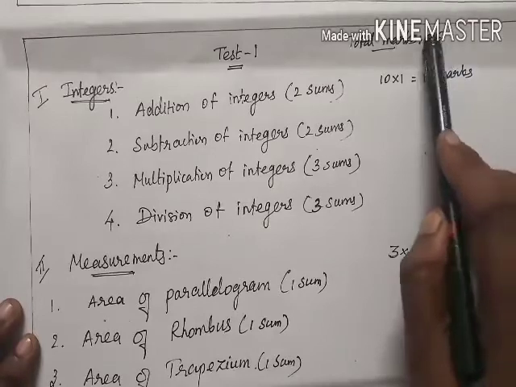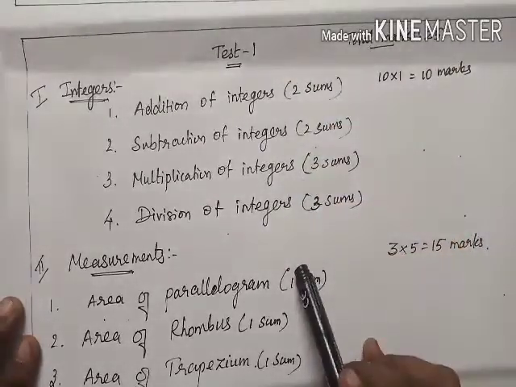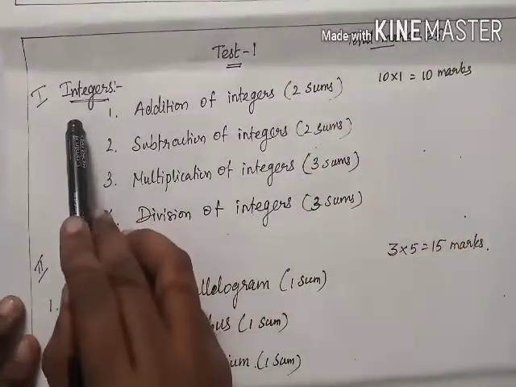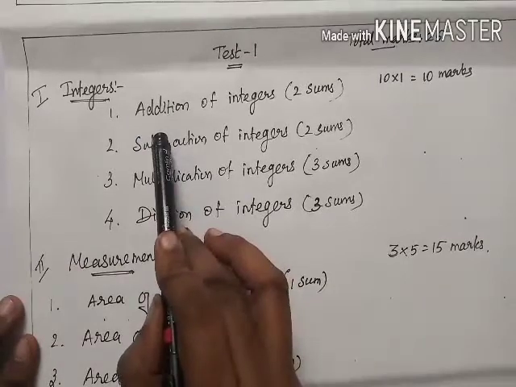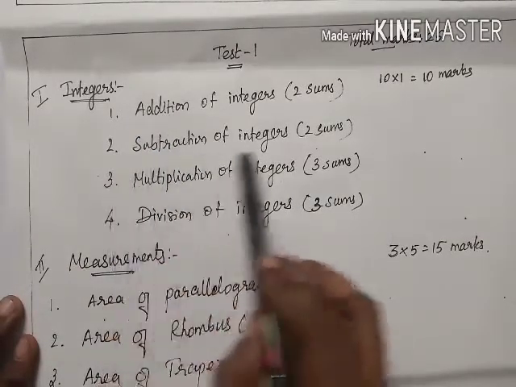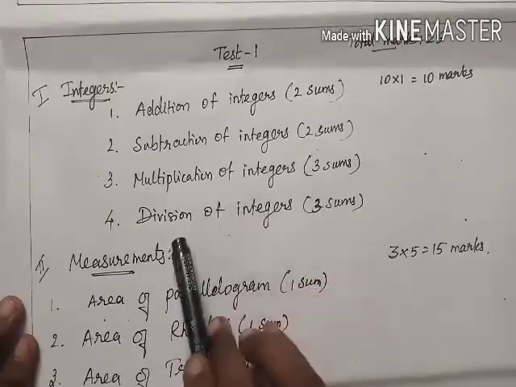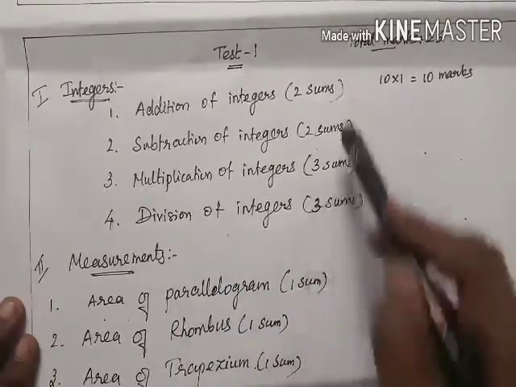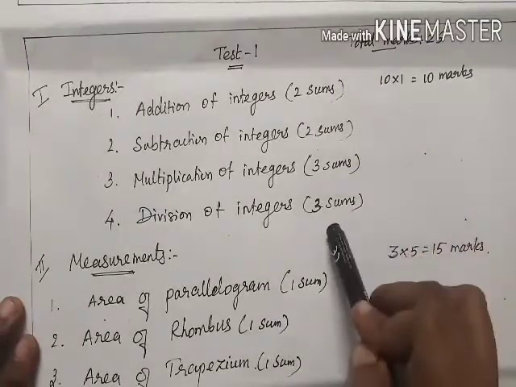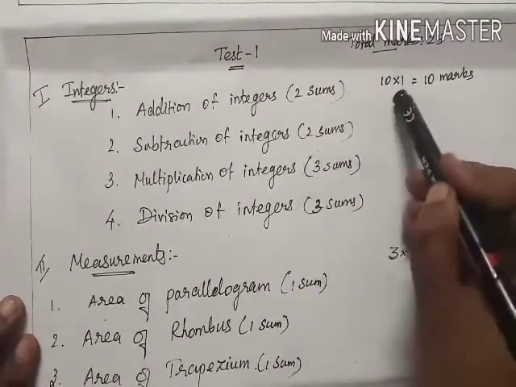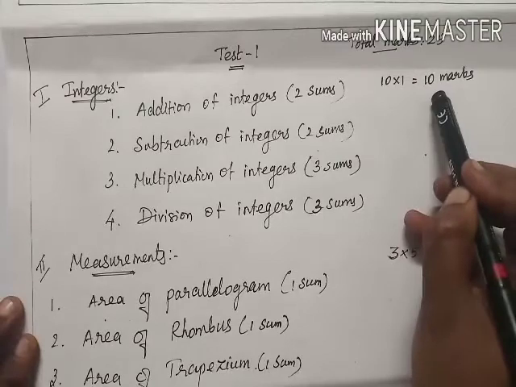The questions are going to be in this order. Integers: addition of integers 2 sums, subtraction of integers 2 sums, multiplication of integers 3 sums and division of integers 3 sums. Totally in integers 10 sums. Each sum carries 1 mark, that is 10 into 1, 10 marks.